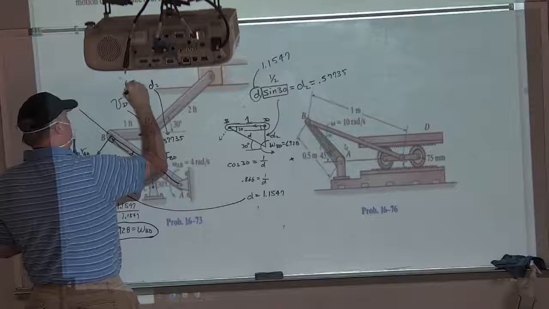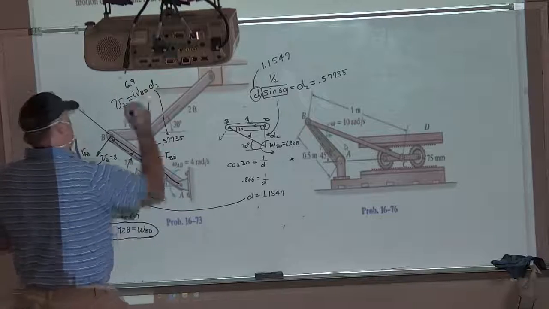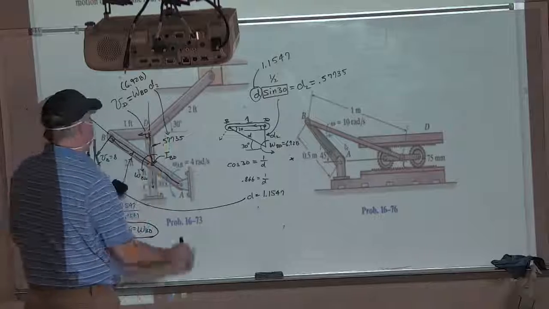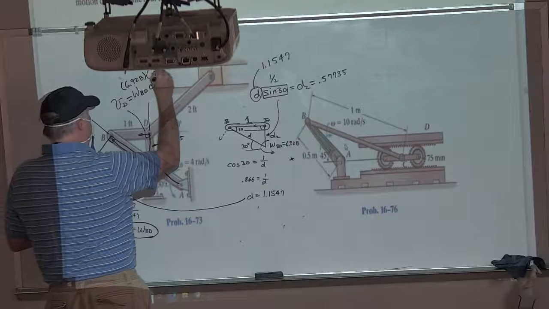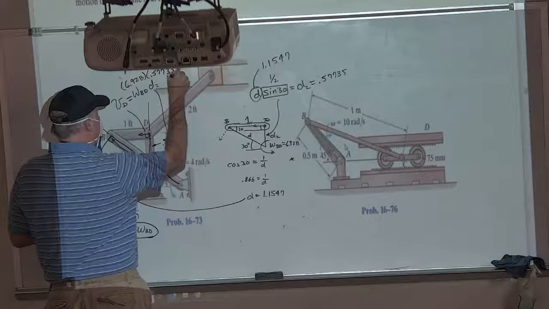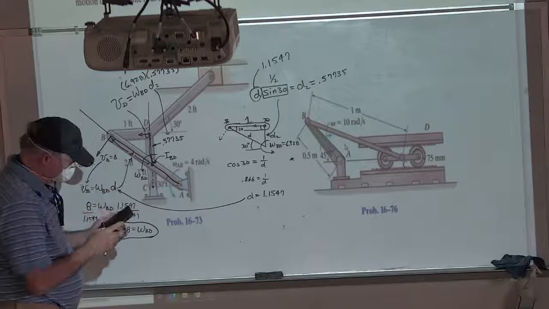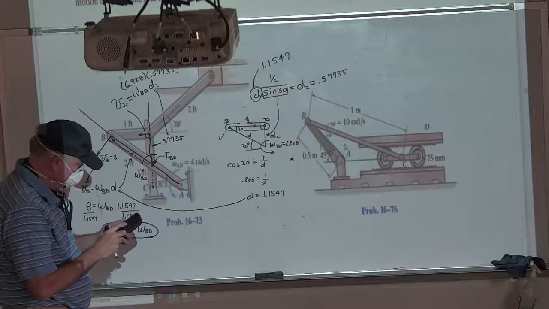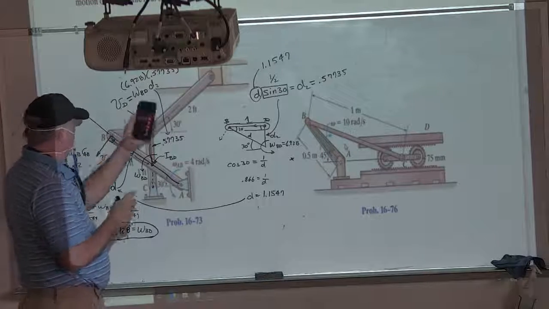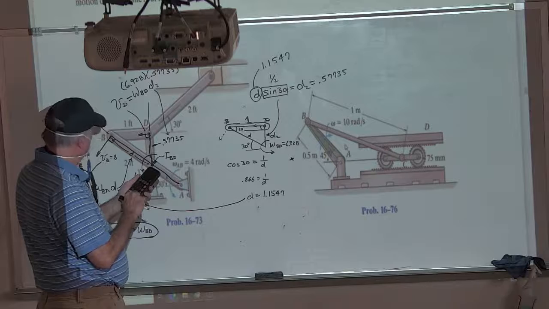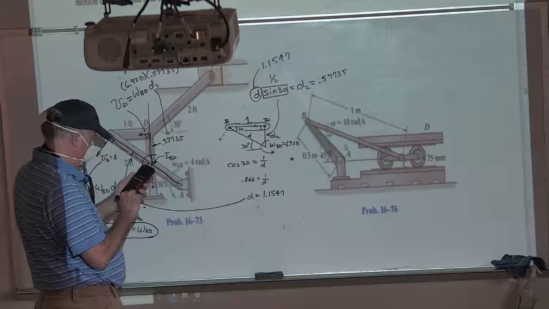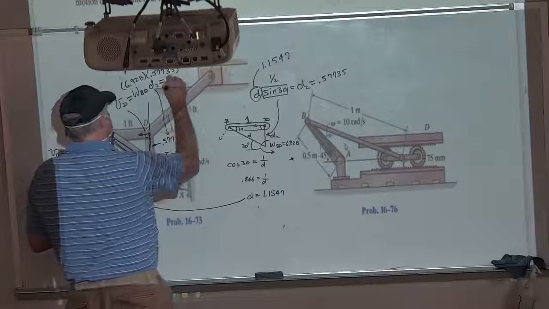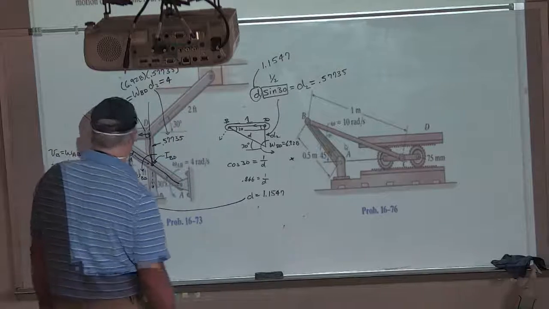So 6.928 times D2, which is 0.57735. Okay, I still have that number in the calculator. It looks like 4. Velocity is exactly equal to 4.